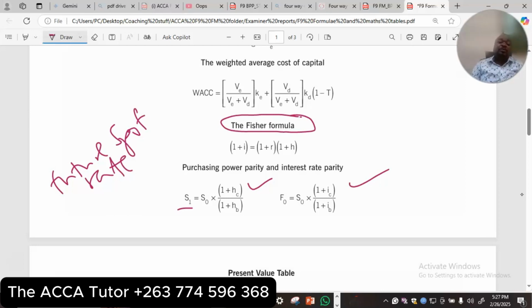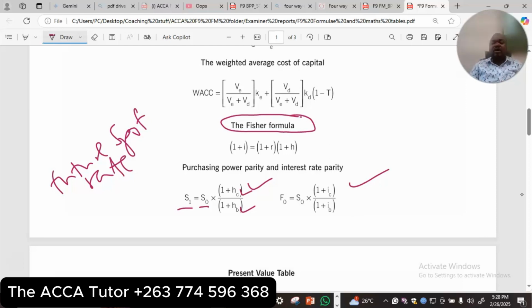But for us to predict that, we need the current spot rate. We also need the inflation rate for the foreign country, that is the hc there. And then in the denominator, that's the inflation rate for the base country, or the local country, or the domestic country where the company would be based.